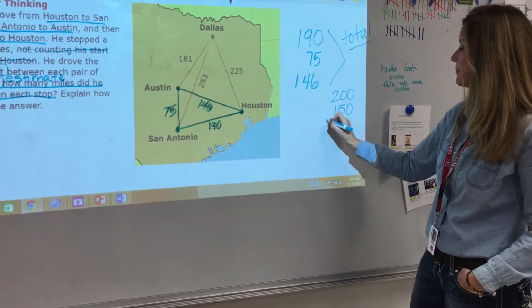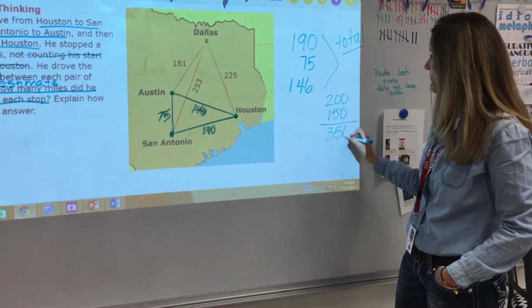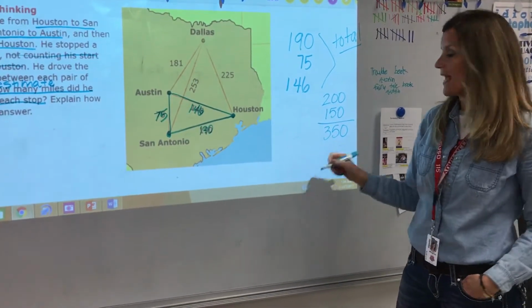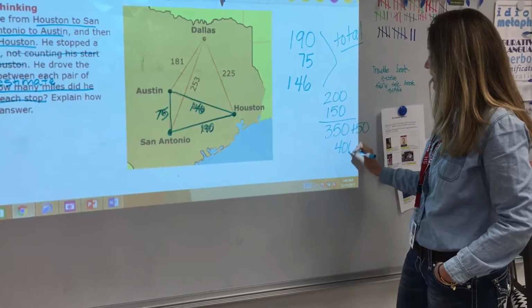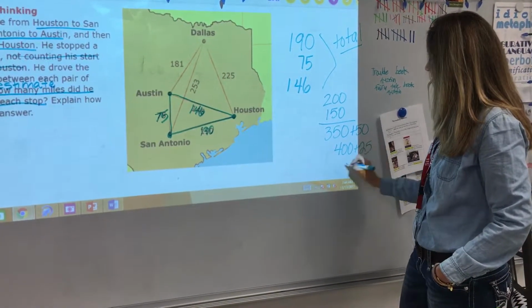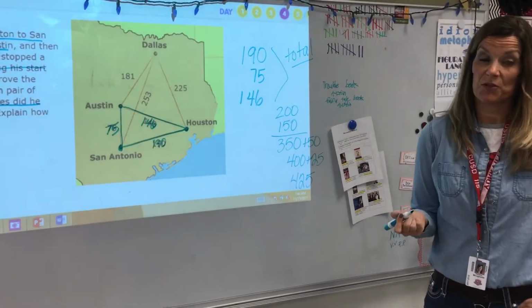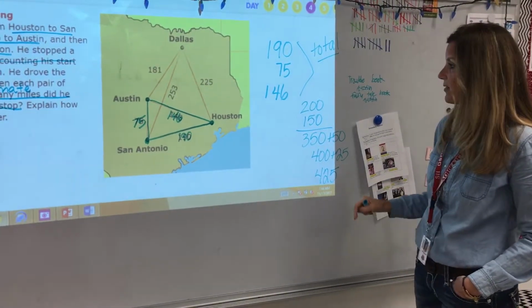Right now, you smart mathematicians are going to know that that's 350 miles. And then I could add my other 75. If I add another 50, that's 400. And then I could add my 25, and I get 425. There's a couple schools of thought. There's a couple different ways you can do that. I'm going to come up with 425 miles right now.